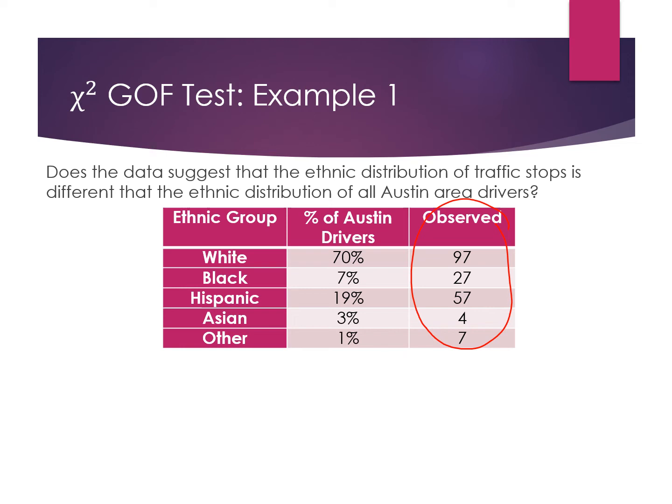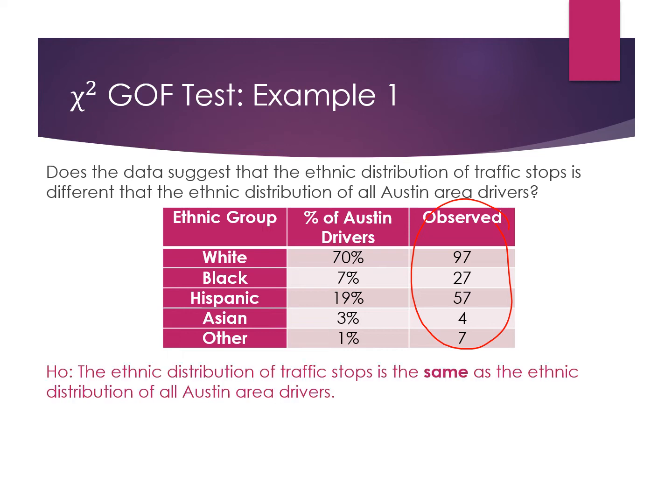So what we want to know is there a difference between what we observe in the traffic stops and what the percentages are for all Austin area drivers? So you're always going to go under the impression that there is no difference, that these two are the exact same. So we're going to assume that the breakdown for traffic stops is the same as the breakdown for all Austin area drivers.